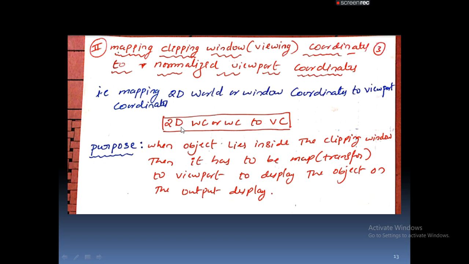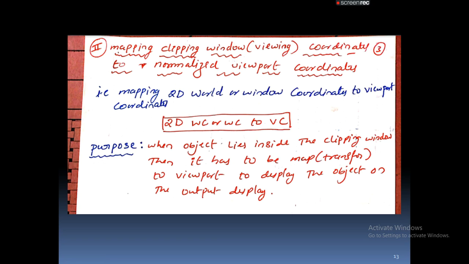Why am I saying two-dimensional world coordinate? Because after mapping two-dimensional world coordinate to viewing coordinate, the two-dimensional world coordinate is the same as the two-dimensional viewing coordinate. So please remember we want to map the clipping window to screen coordinate. In between we also have normalization mapping, which we will see in the next slide.